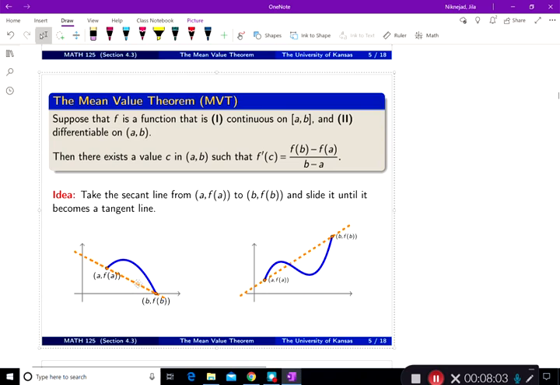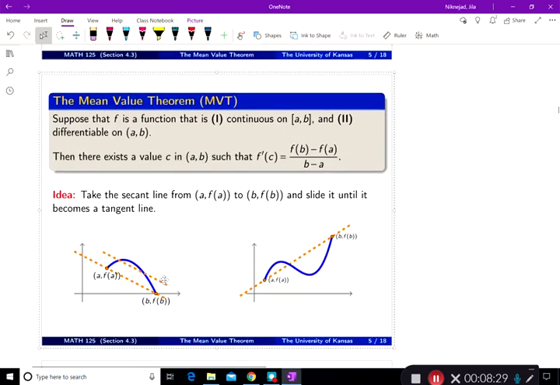So here are a few pictures of them. Let's say a function is continuous between a and b and differentiable, and here also, and then I draw the secant line between the two endpoints. Is there a point that I can find? Now I'm trying to do the picture on the left.